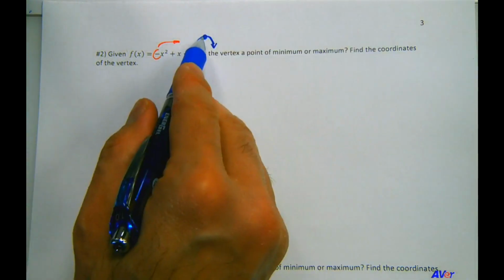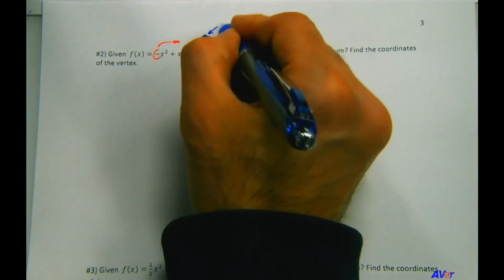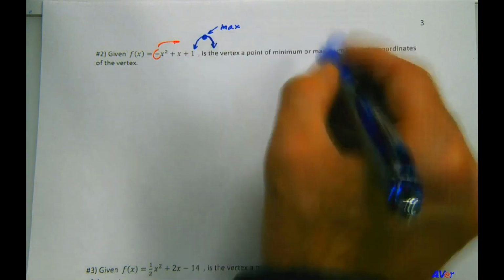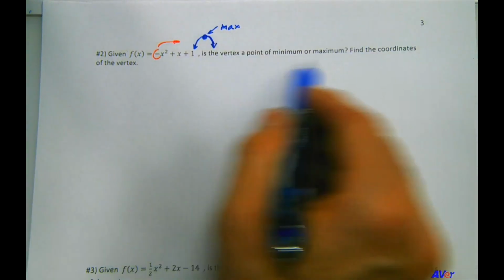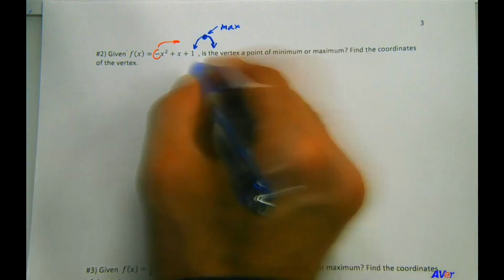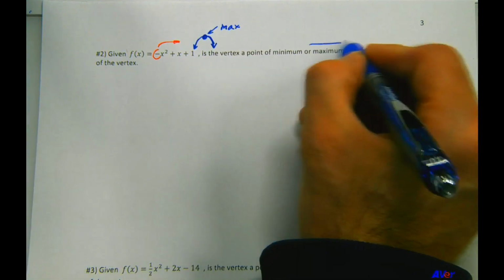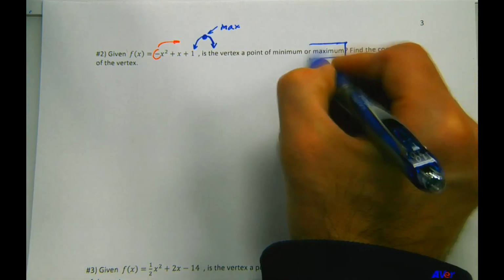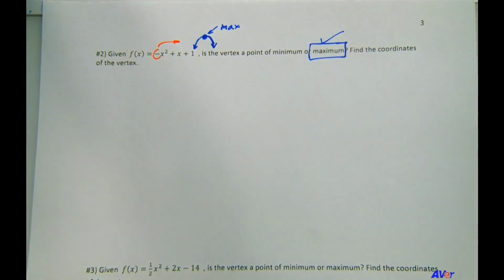So this point is going to be a maximum point, right? So is the vertex a point of minimum or maximum? It is a maximum. We know that just by looking at the equation.